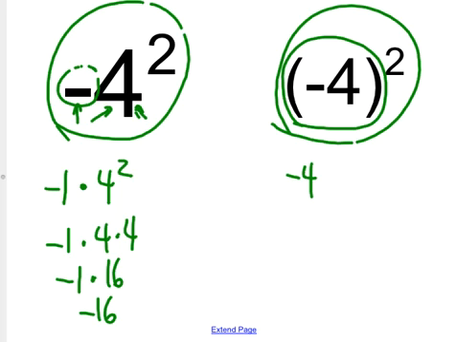In this case, I'm squaring the -4 and the -4, and now this is going to give me 16. So it's very important. These brackets are super important, and when they're there, they have a meaning, and when they're not there, this is the meaning that you actually have. It's a very common mistake, and please try not to make it.